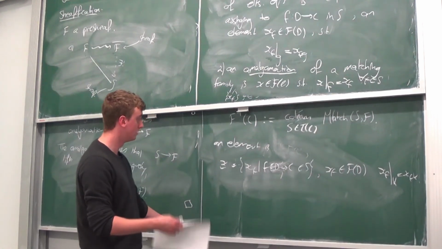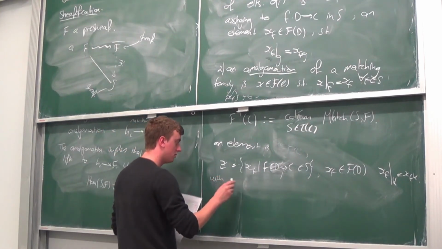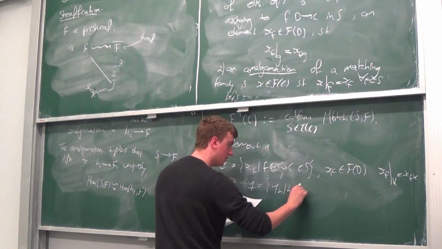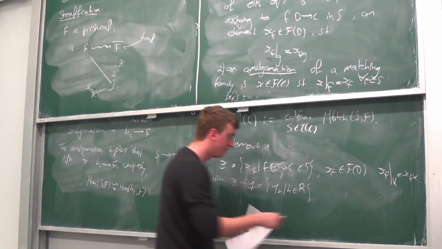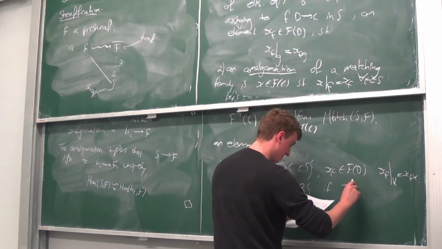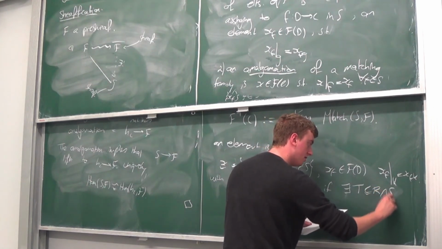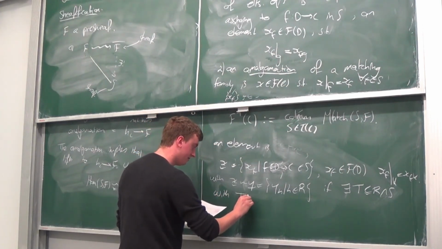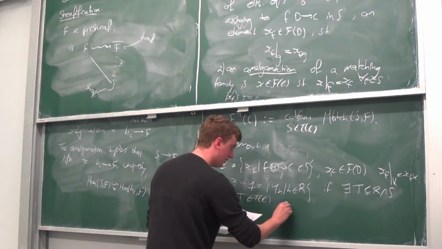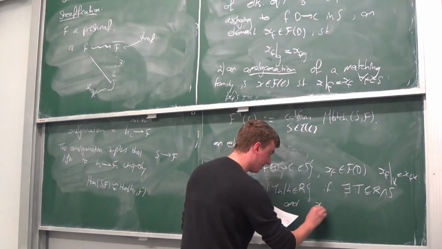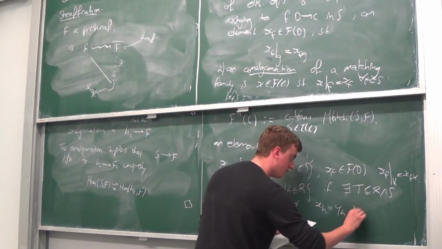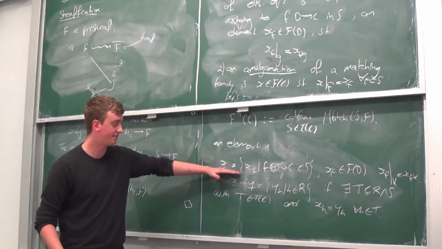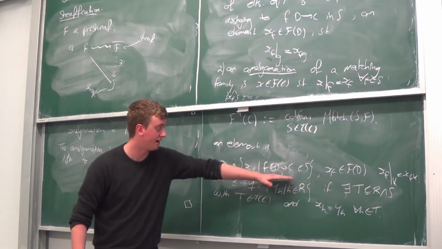Explicitly, X is going to be equivalent to some other one Y, y_h, in some other matching family, if there exists some common refinement T in both R and S, where T has got to be a covering sieve, and x_h is equal to y_h for all h in T. So in words, we take two matching families, this X and this Y. These are indexed by covering sieves.